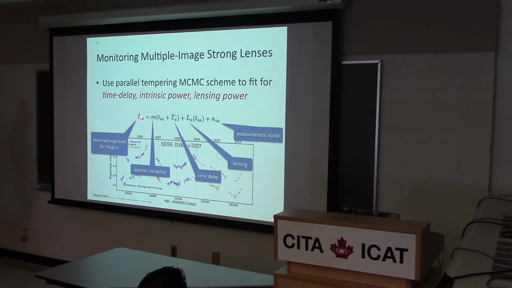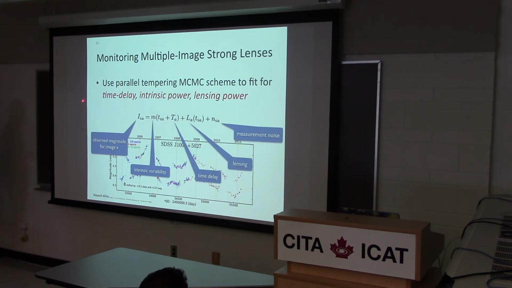There's a part of it which is intrinsic to the quasar, which should be the same for all images, with some time shift or time delay that's to be determined. There is a lensing part, which would be uncorrelated from one image to another. And there's a measurement noise, if you believe the errors that the observers give you.